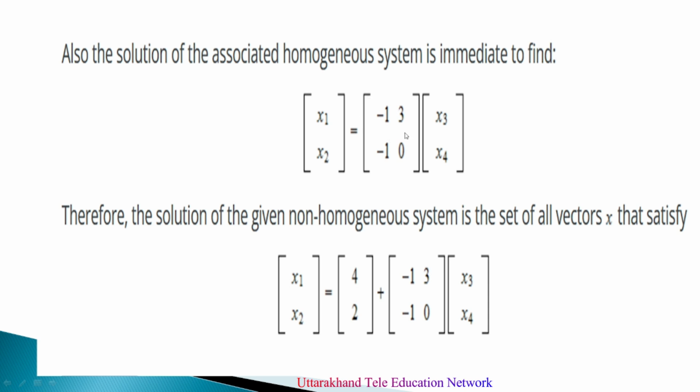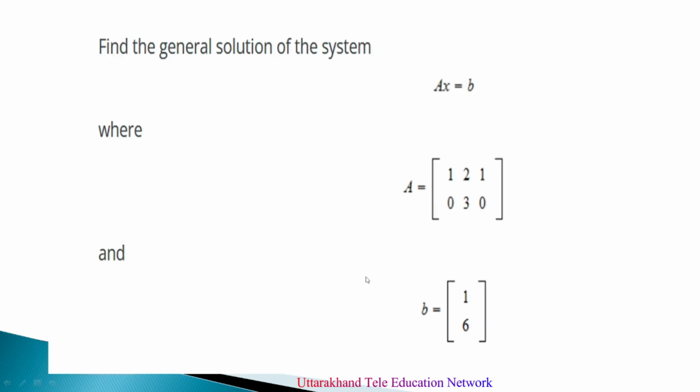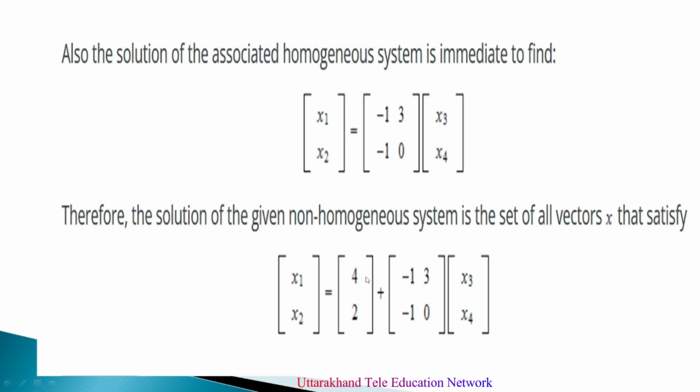So there is a dependency. We are heading towards this solution. The solution of the given non-homogeneous system is the set of vectors x that satisfy this equation. Now what is happening? This is a sum. This plus is important here. So the sum of the particular solution of the non-homogeneous and the general solution of the homogeneous.